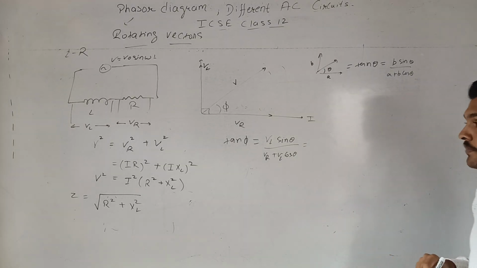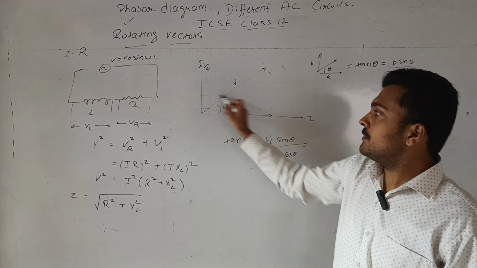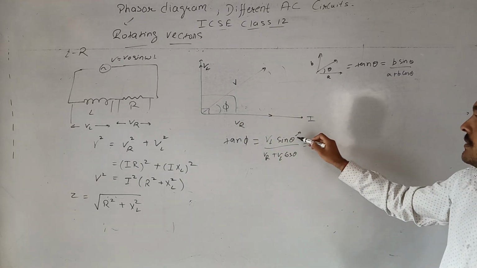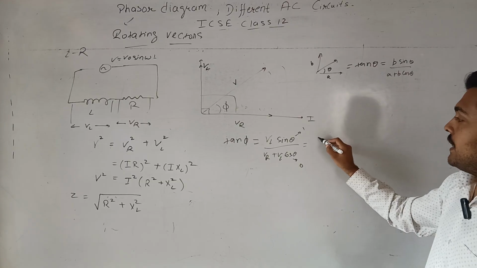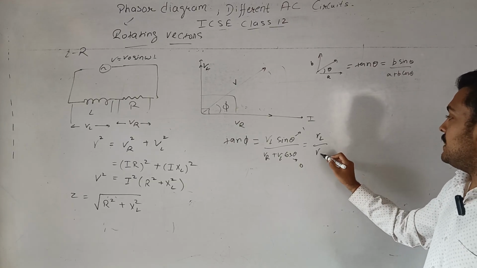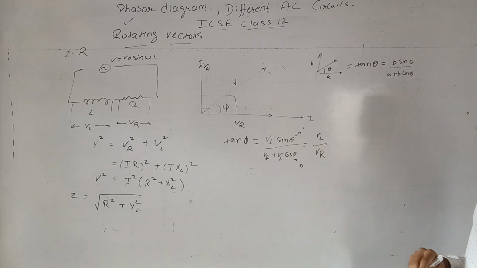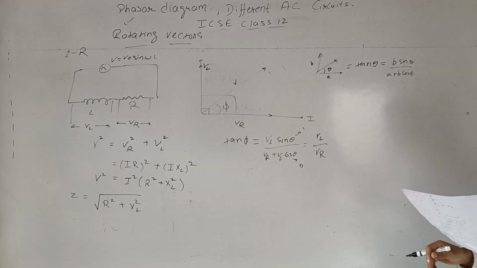Now we know theta is 90 because the angle between A and B is 90. Sin 90 is 1 and cos 90 is 0. So we get tan phi is VL upon VR.